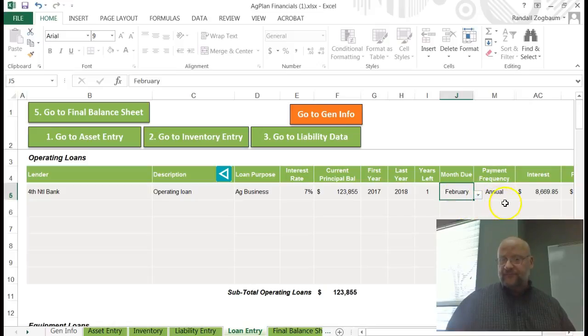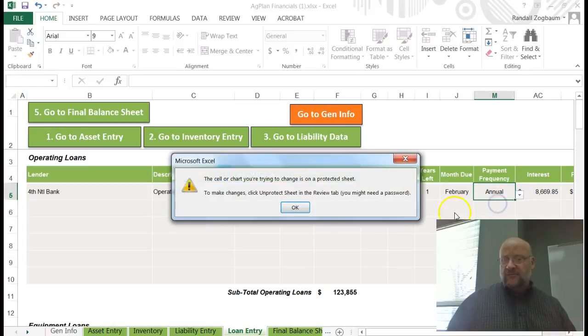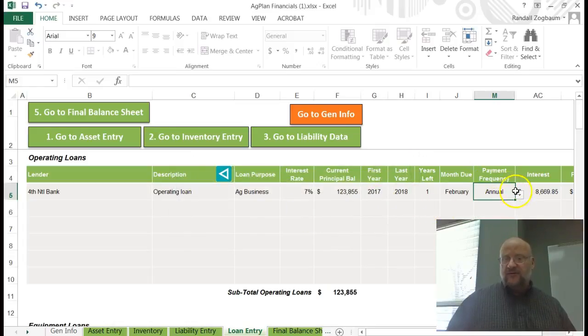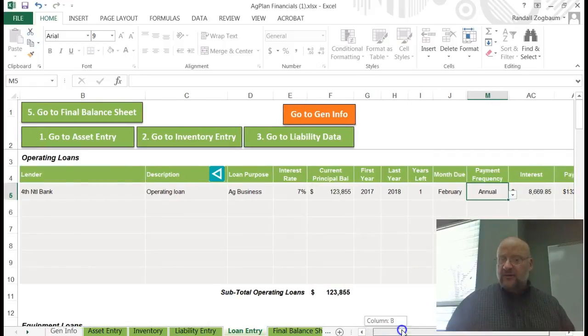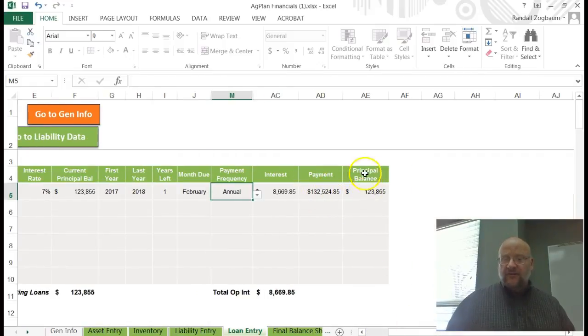Actually, no, this is monthly payment. Annual payment balance interest. All right.